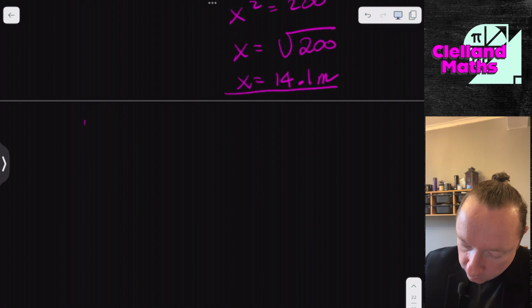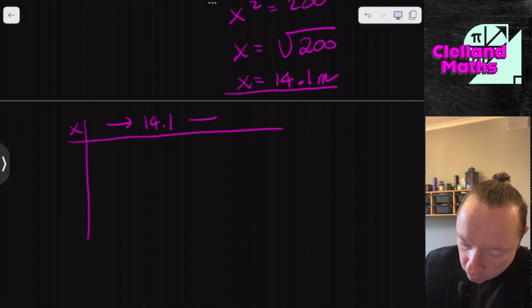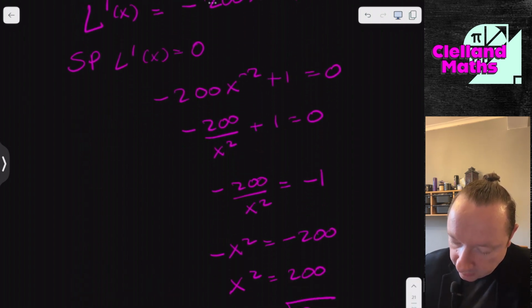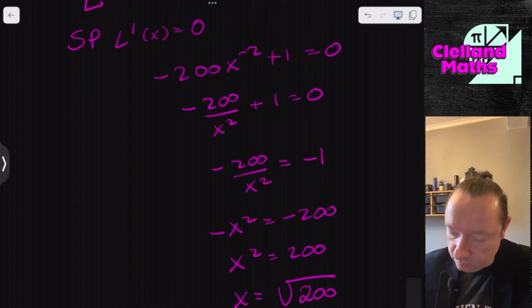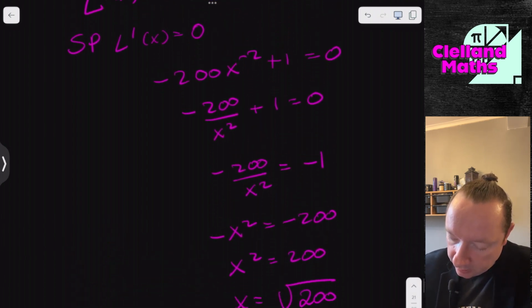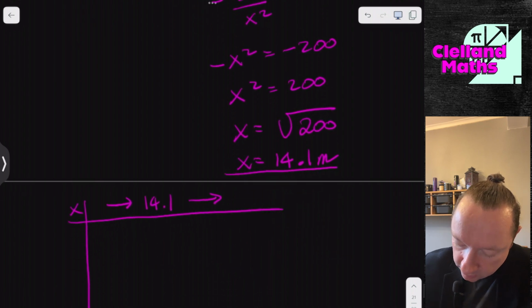So, nature table. We've got x, we're going along, 14.1, and we're going along. Now, because we've divided by x squared, you cannot pick 0. Don't pick 0, it doesn't work at 0. So let's just pick a number close to that, let's say 10 and 15.